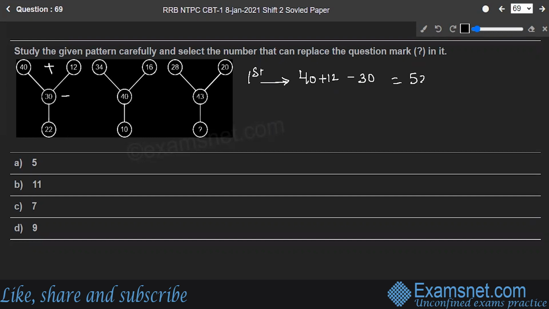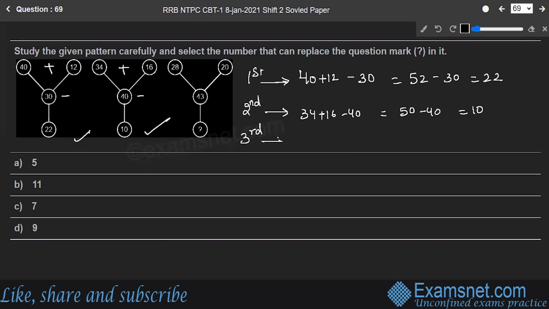This gives me 52 minus 30, which is equal to 22. Second one, let's see. Add both of them and subtract: 34 plus 16 is 50, minus 40, it is 10. So this is applicable for both of them. And the third one, 28 plus 20 minus 43. So this is equal to 48 minus 43, which is equal to 5.